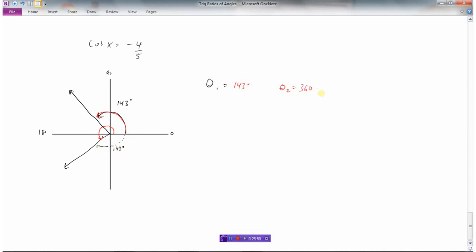So 360 minus 143 would be 217 degrees. So that's how we can solve now for theta for any angle between 0 and 360 degrees given any ratio.